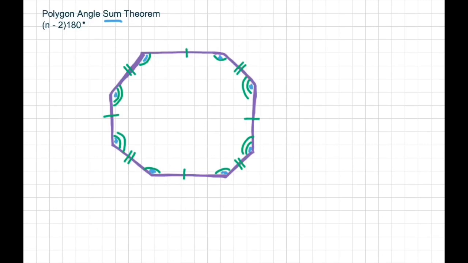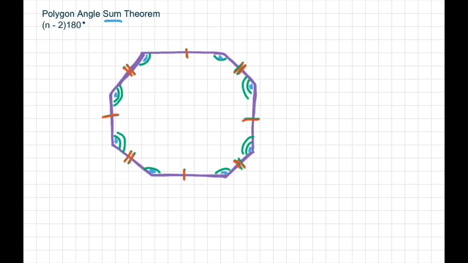Okay, and so how I find the sum total of what's inside the polygon is first I need to look at the polygon and determine how many sides there are. So in this shape, we have 1, 2, 3, 4, 5, 6, 7, 8 sides. Okay, so it's an octagon.